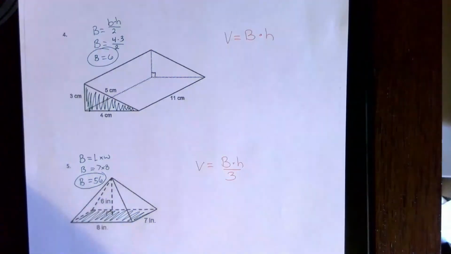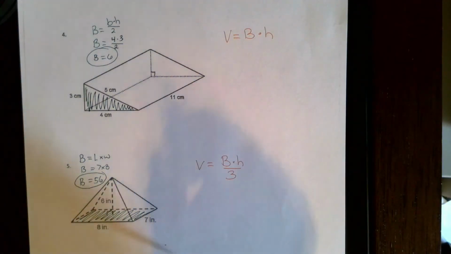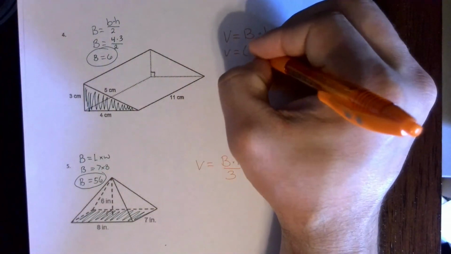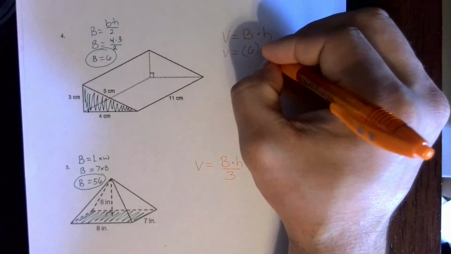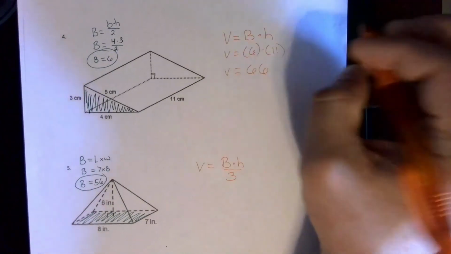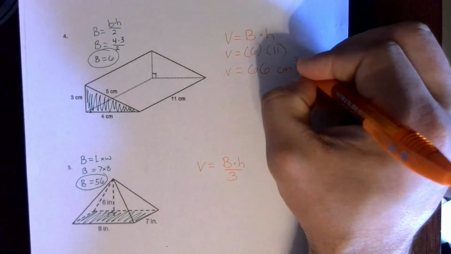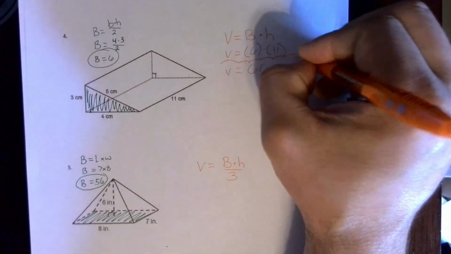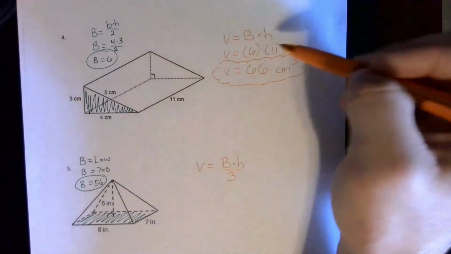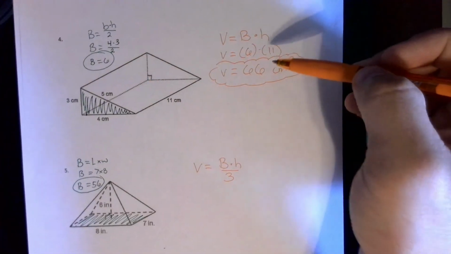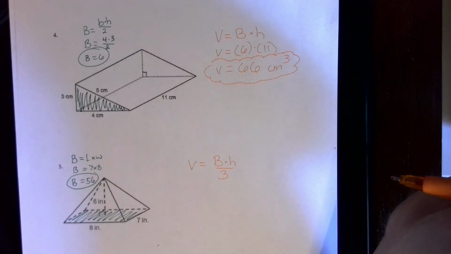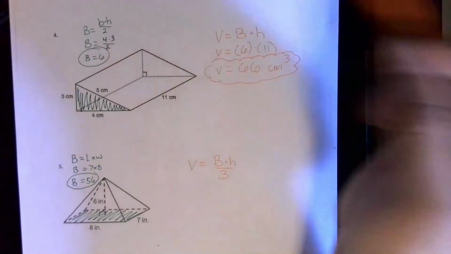So now I can continue with the volume formula. Now that I know big B is 6 and H is 11, I simply get 66 cubic centimeters for the volume. You can see here, finding the area of the base was certainly not any harder than finding the volume of the whole problem. So that was a little side problem.